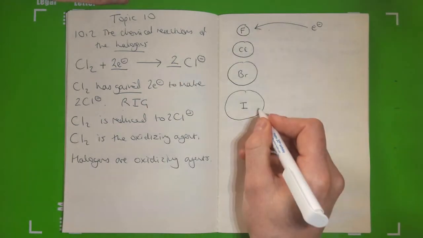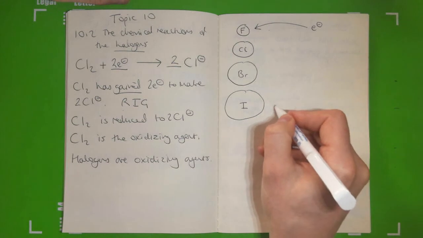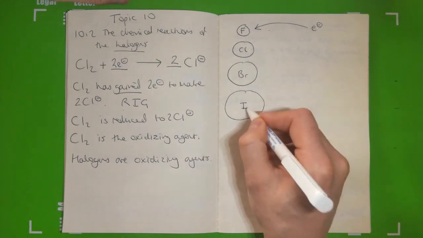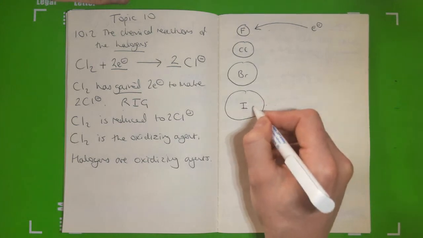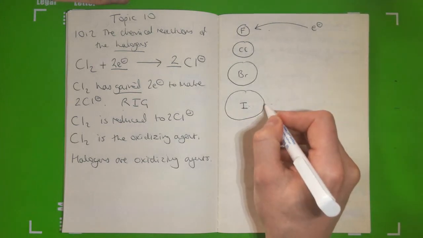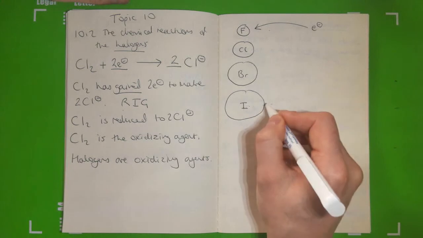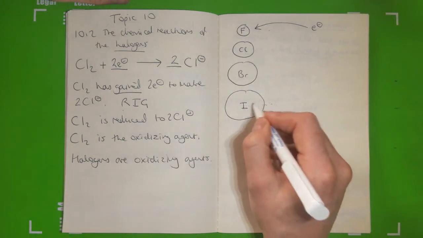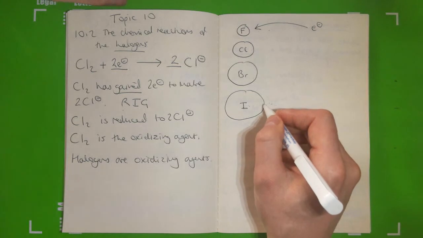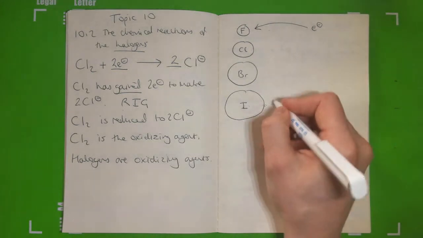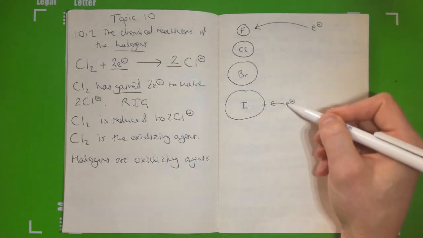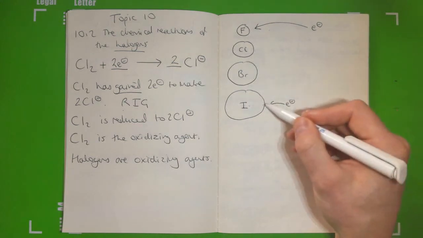However, if I come down here, because the electron I'm adding is going to be quite far away from the nucleus, it's going to be a very low electrostatic attraction between that electron that you've just added and the nucleus, and there's going to be loads of shells in here which are going to be shielding that electrostatic attraction between that electron and the nucleus. Then there's only going to be a smaller force of attraction between them.